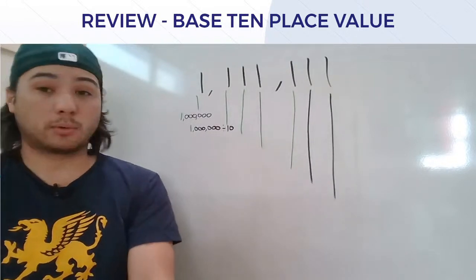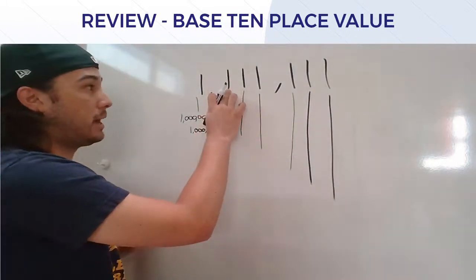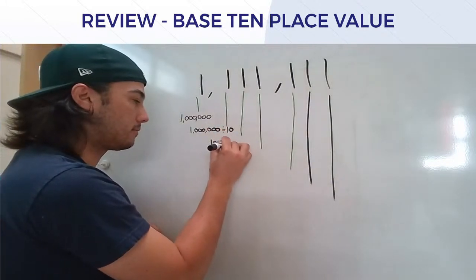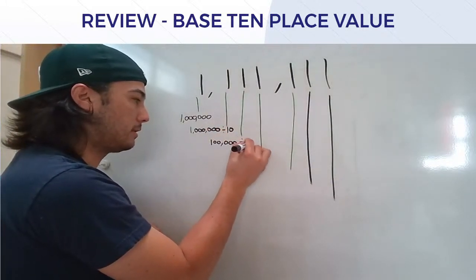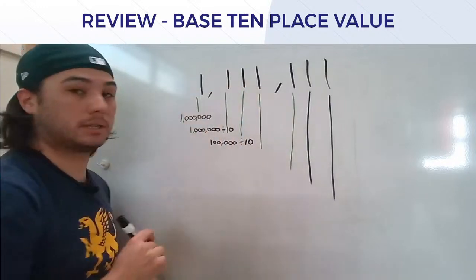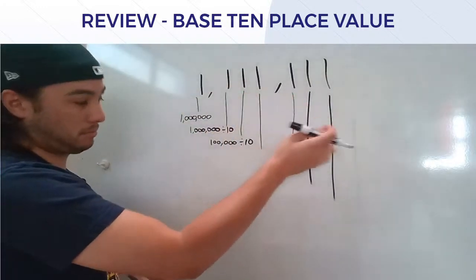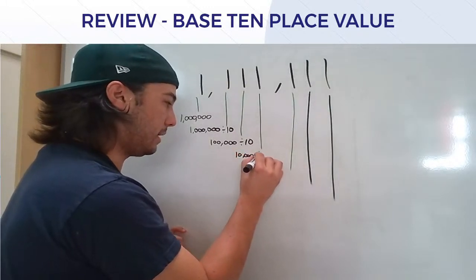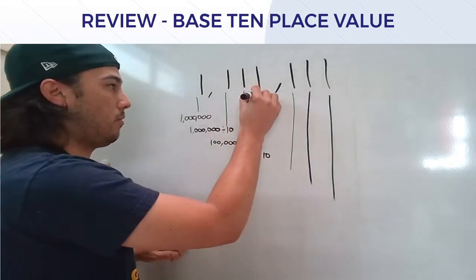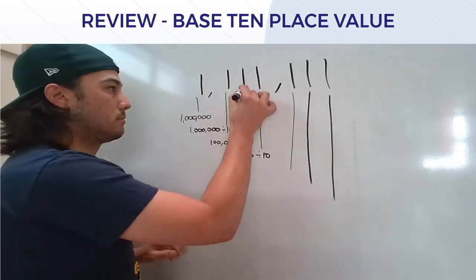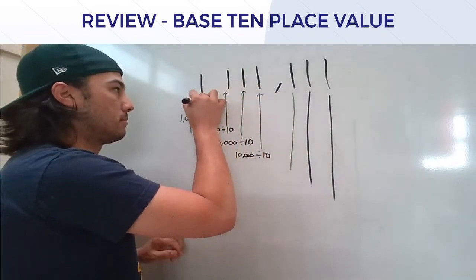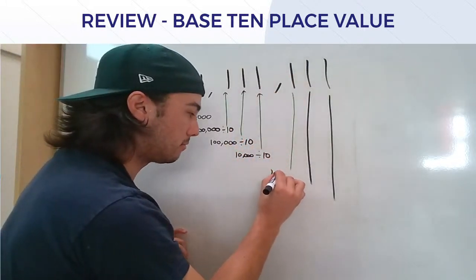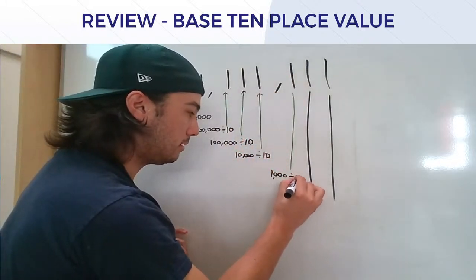Okay? Likewise, on down, taking our 100,000, dividing it by 10 to get 10,000 in our 10,000s place. Keep going. 10,000 divided by 10 is going to get 1,000. 1,000 divided by 10 is 100.